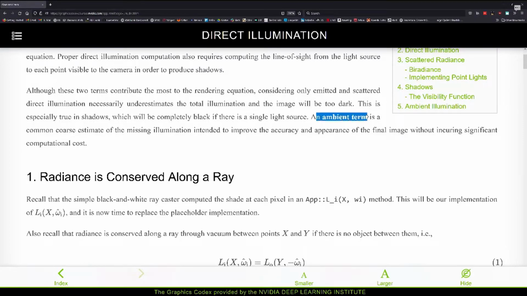Anyone who's done the Phong shading model will have come across the ambient term. It's just a constant that you add to the material or to the surface.